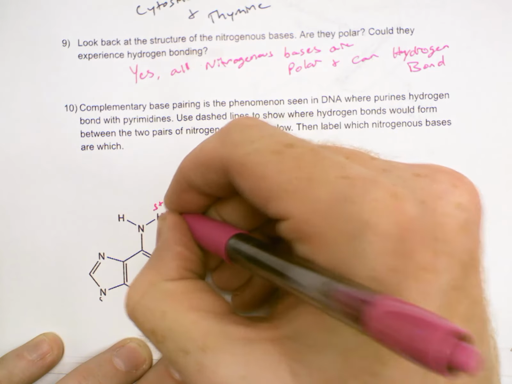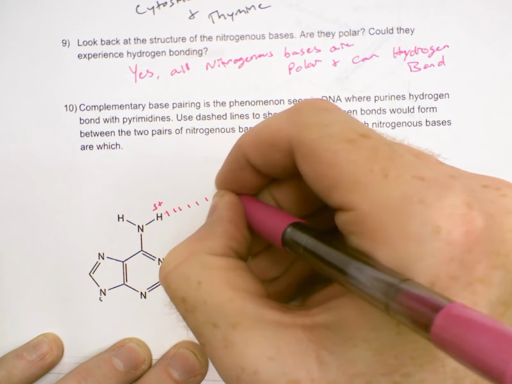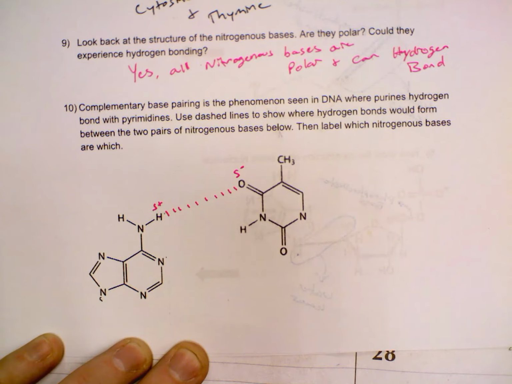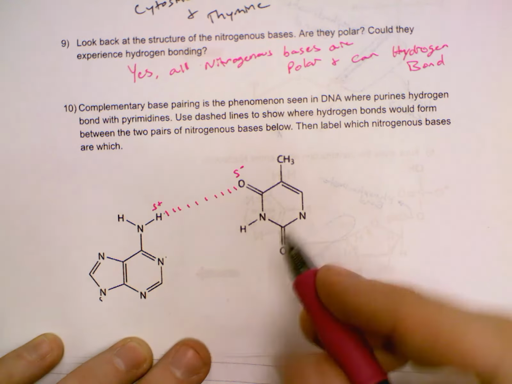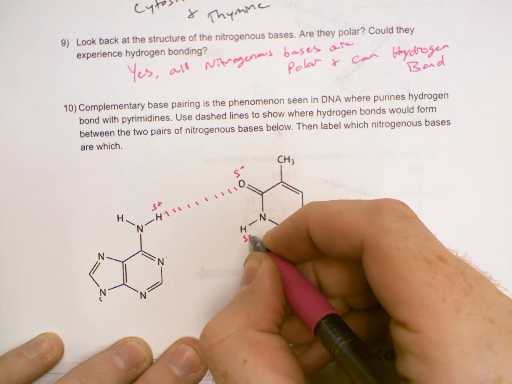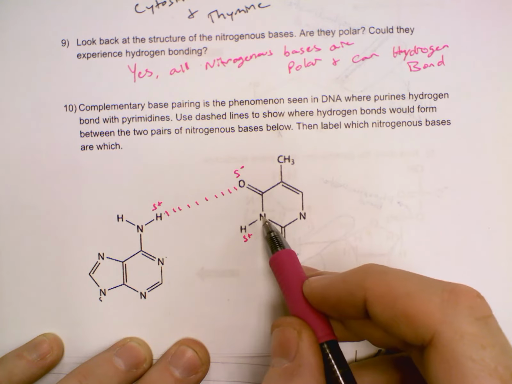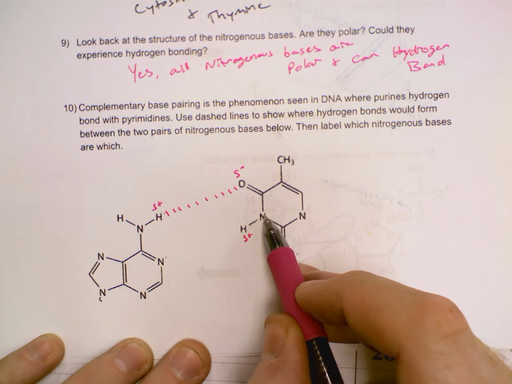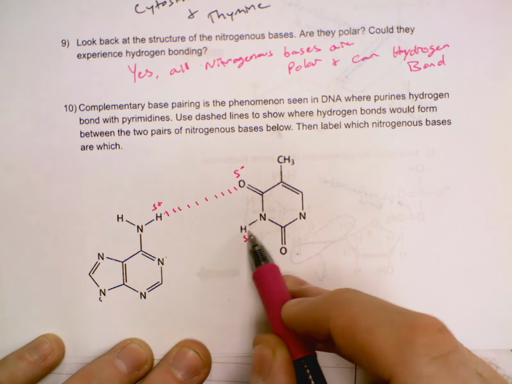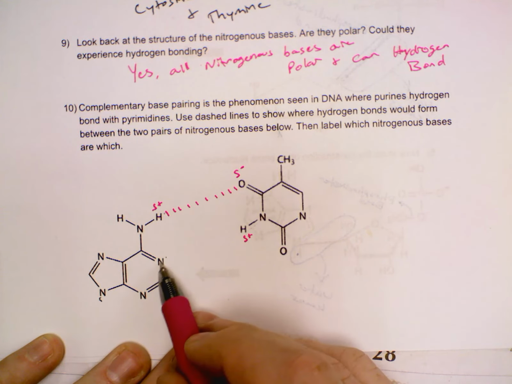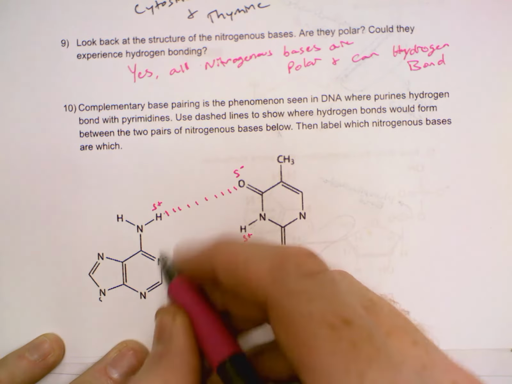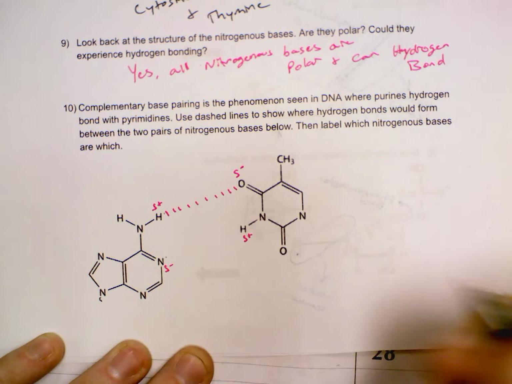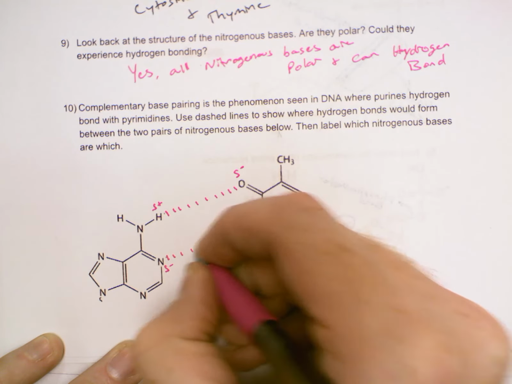So here we will have a hydrogen bond. Okay. Then if we look here, we'll have another partial positive here connected to this nitrogen. Due to the hydrogen connected to the nitrogen, electrons get pulled towards the nitrogen, leaves it partially positive. Here we have a nitrogen connected to carbons, that's going to make it partially negative, and we will get hydrogen bonds forming here.